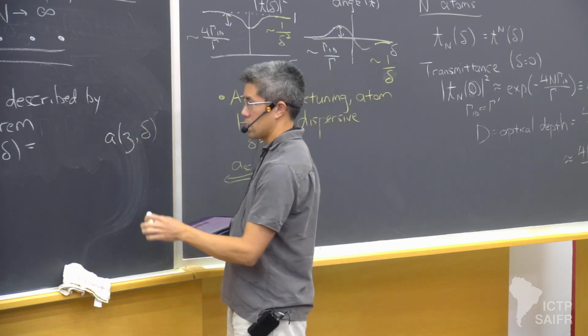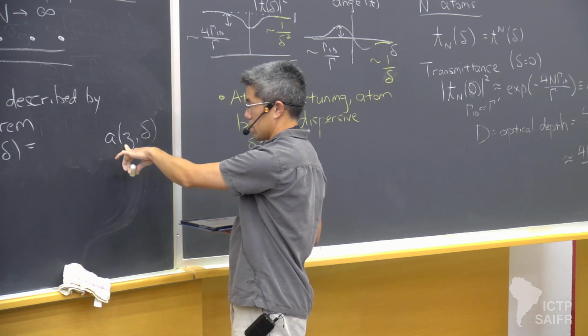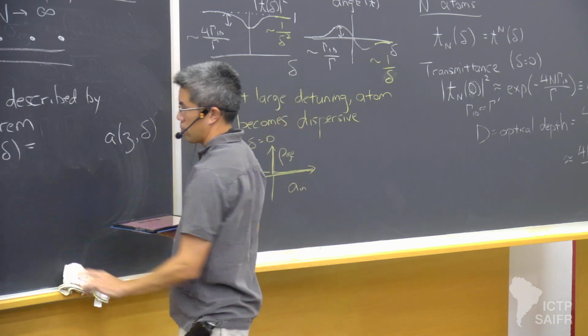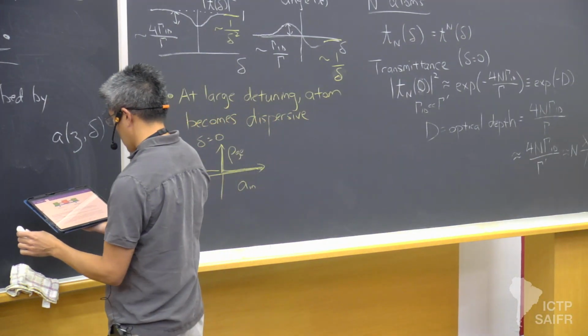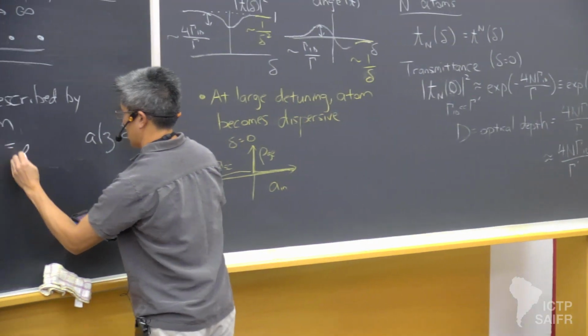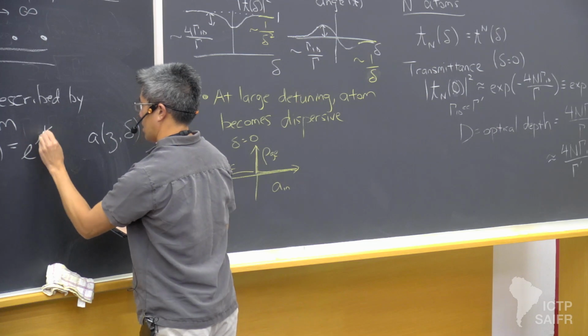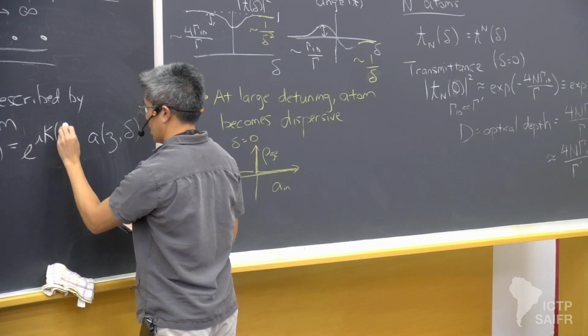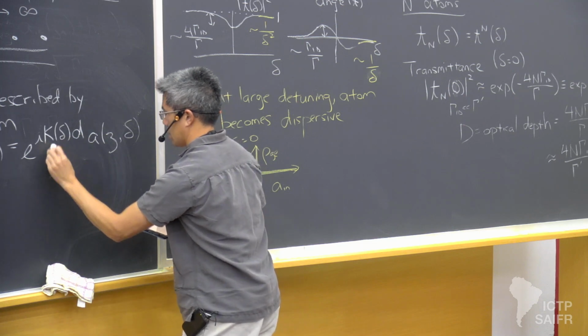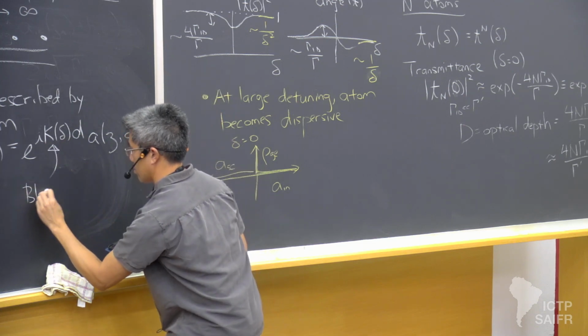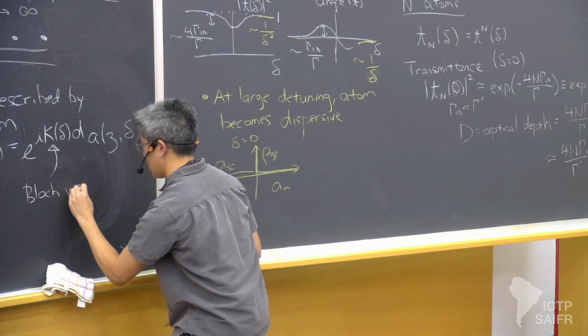Bloch's theorem says that if I know the field at position z, then the field at position z plus d I can formally write as e to the i k d, where k physically is my Bloch wave vector.